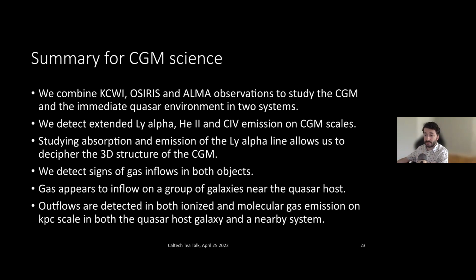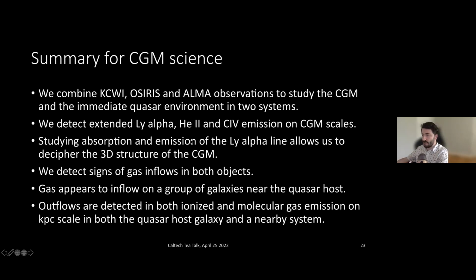We detect signs of gas inflows in both objects, and we also detect outflows in these same systems. We detect gas that appears to inflow on a group of galaxies near the quasar host. And while I don't have time to talk about both of these systems, the storyline is somewhat similar for both.